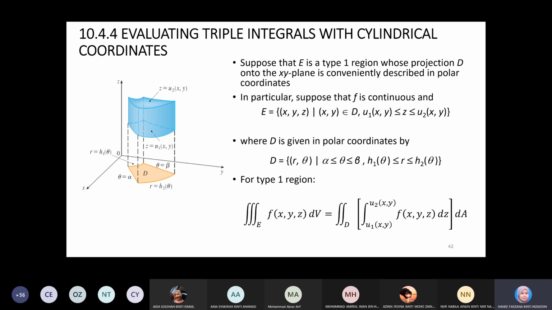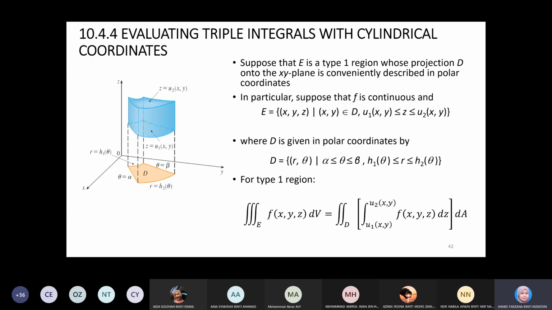Now, what if it's easier for us to evaluate triple integrals with cylindrical coordinates? Suppose that this solid E is a type 1 region. The type 1 region is where the shadow lies on the xy plane, whose projection D onto the xy plane is conveniently described in polar coordinates.